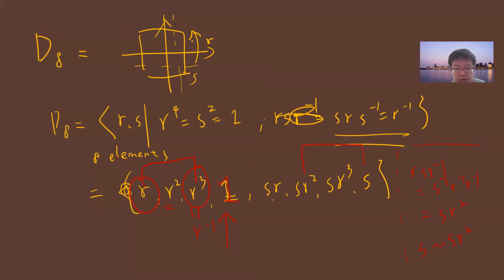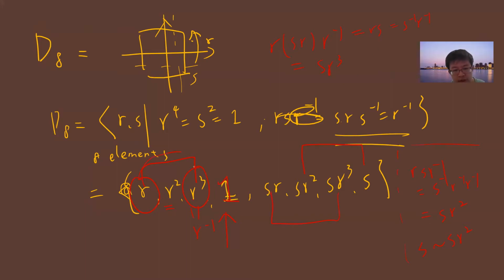And also these two, right? So it's also easy to show that SR, right? So let's check. RSR inverse is SR cube, right? Because just using the rules, RS is S inverse R inverse, right? So which tells you that these two are the same, right?